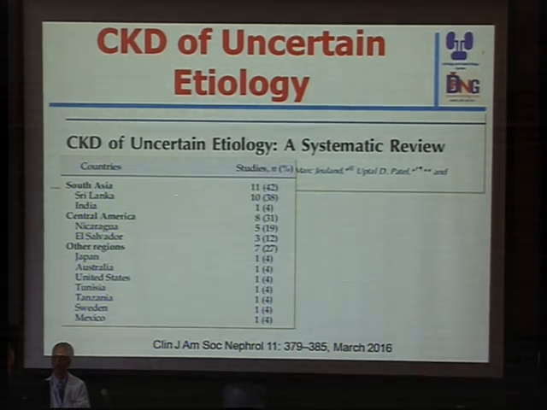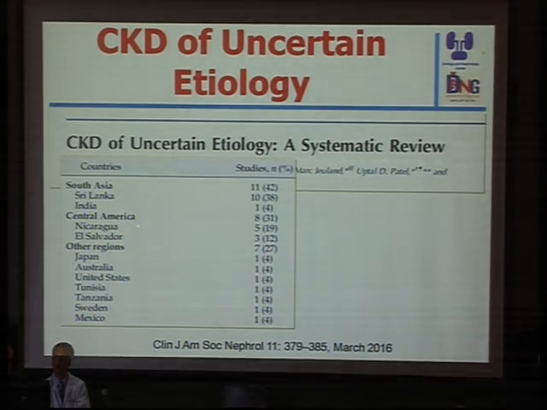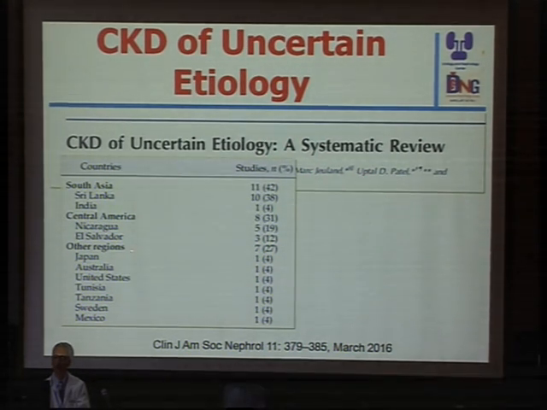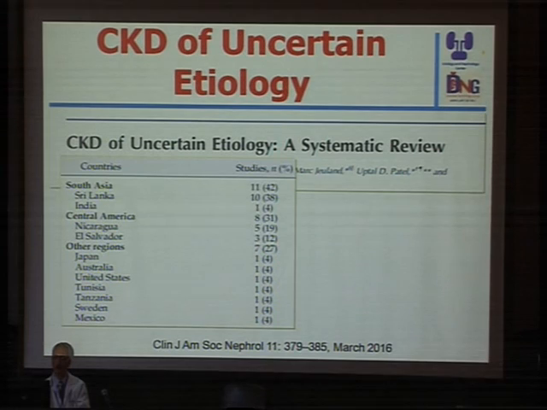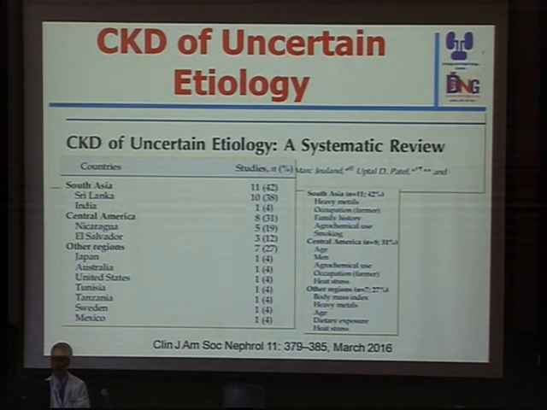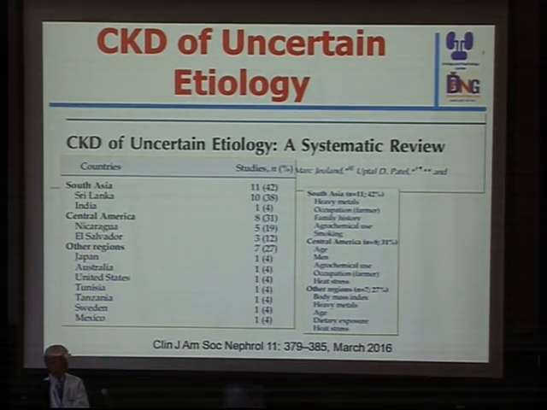And these are the countries from South Asia, Central America, other regions, including 2 African countries here, Tunisia and Tanzania. And among the etiologies that can explain chronic kidney disease in these countries, as you see here, the exposure to heavy metals, dietary exposure, heat stresses, and use of drugs.